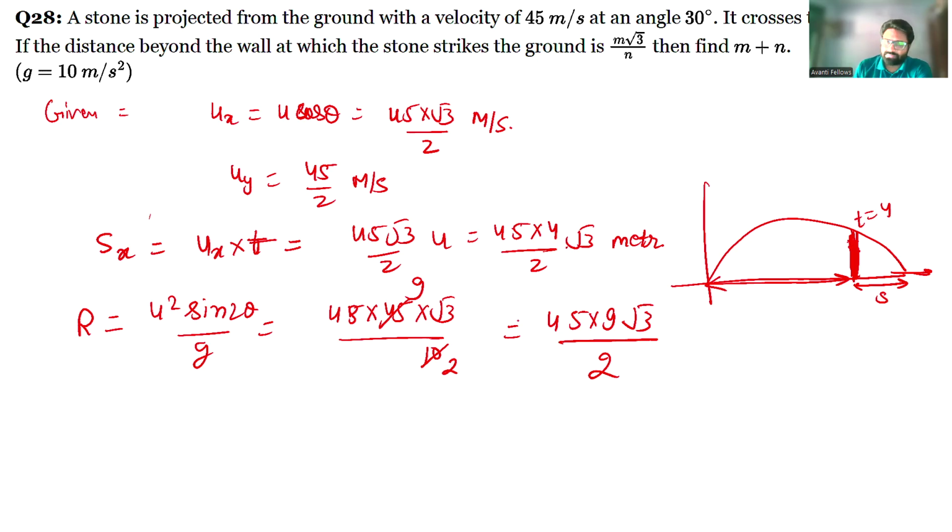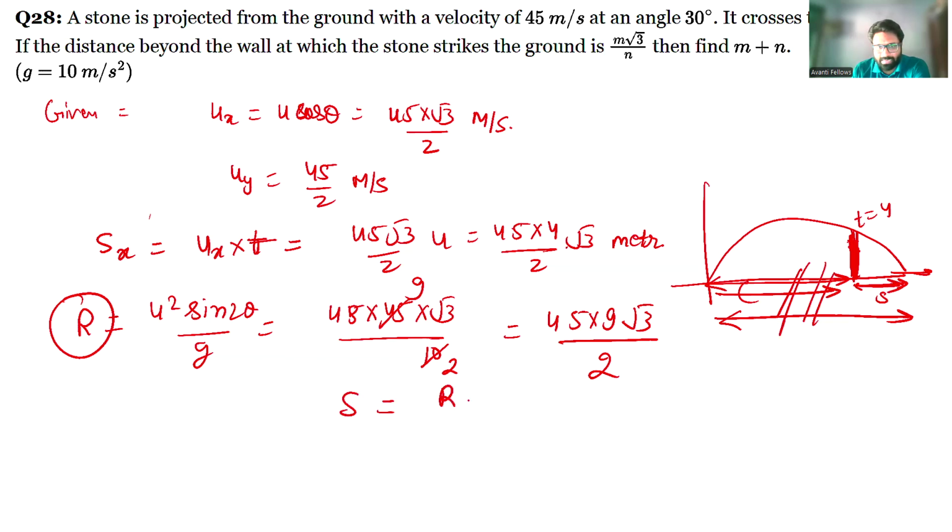Now, if you just subtract it from the total range, you will get only this. So small s that we require is R minus Sx. R is 45 into 9 root 3 by 2 minus Sx, which is 45 into 4 root 3 by 2.